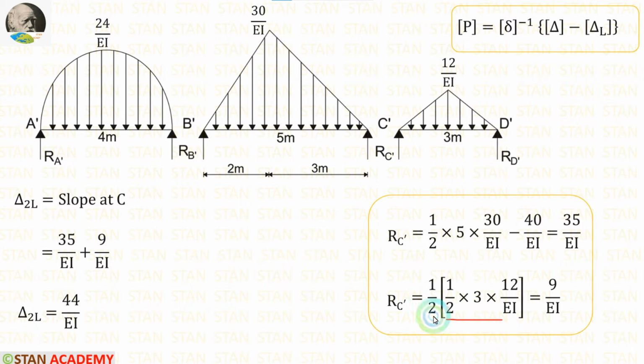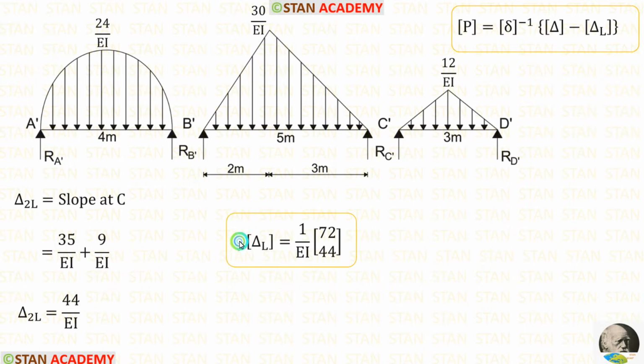The total load divided by 2, we will get RC dash, which is equal to 9 upon EI. Let us add these two values. After adding, we are getting delta 2L, which is equal to 44 upon EI. In the delta L matrix, we have calculated both of the values. 1 upon EI is constant. Let us take it outside.